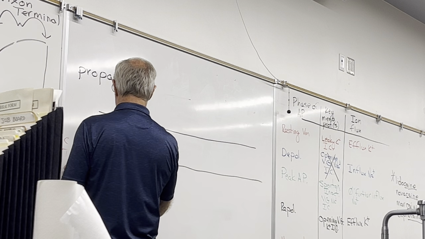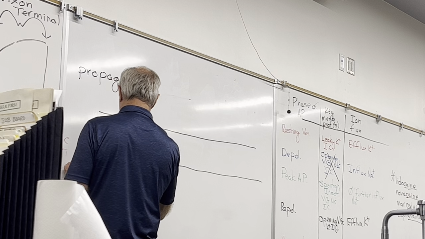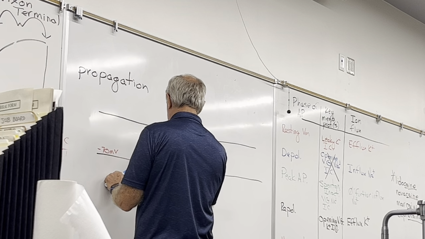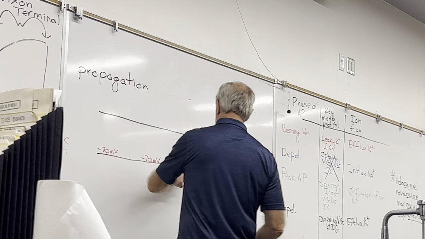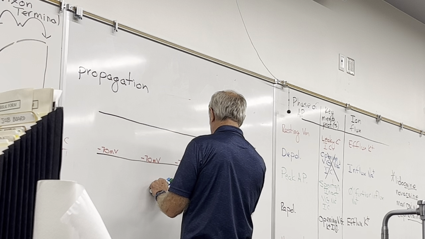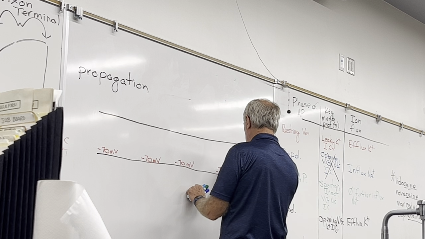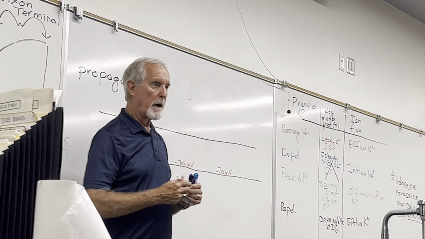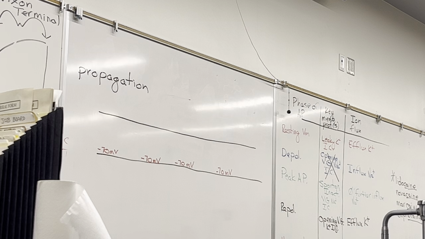So I'm just going to write minus 70 millivolts. If I measure right here, and if I measure over here, it's minus 70 millivolts. And if I measure here, it's minus 70 millivolts. And if I do the same thing down along the length, it's minus 70 millivolts. Remember, we're talking about a big cell, not a little teeny weeny cell.